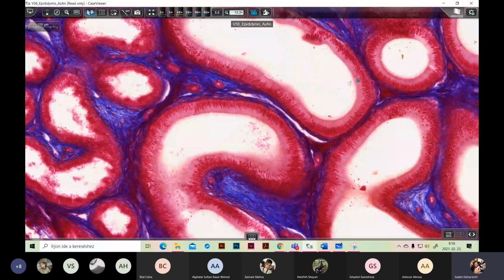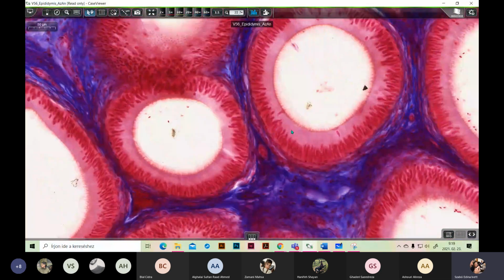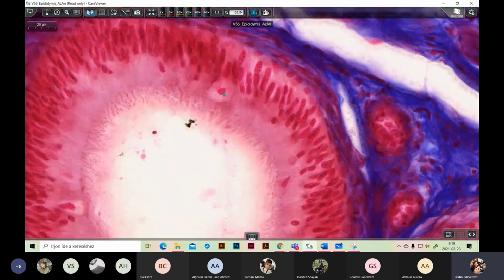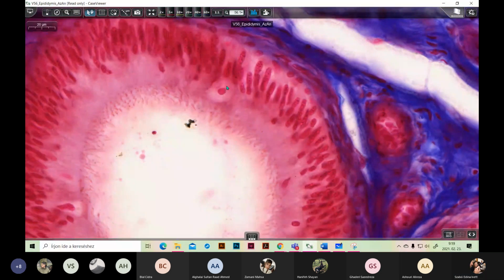Okay, and my last question is, so what about this cell between the columnar cells with roundish nuclei? I mentioned this cell previously. They are the degrading cells. No, it's a lymphocyte.